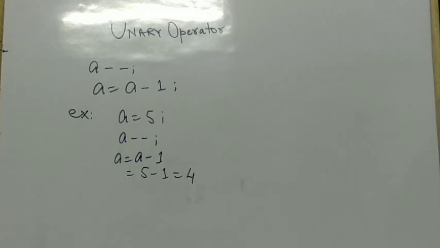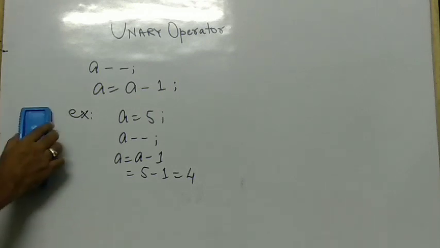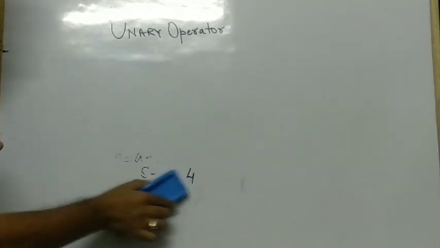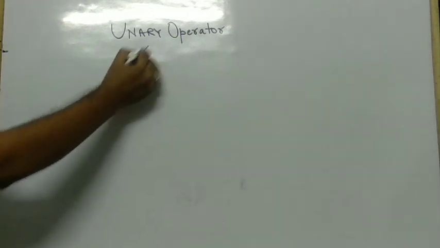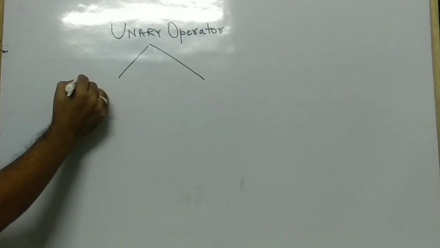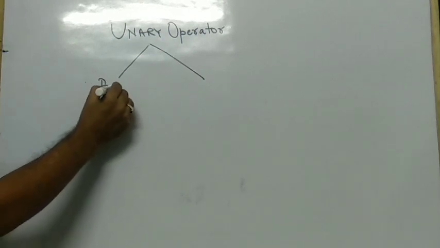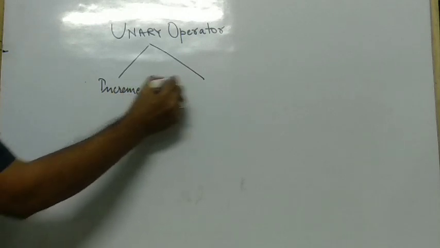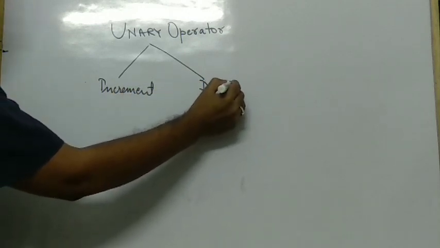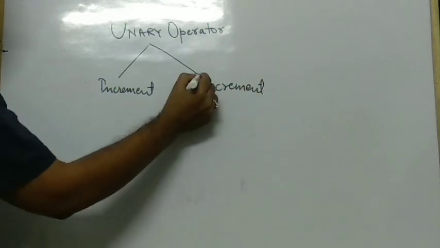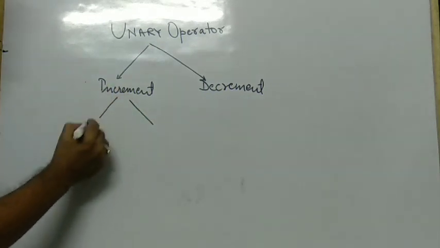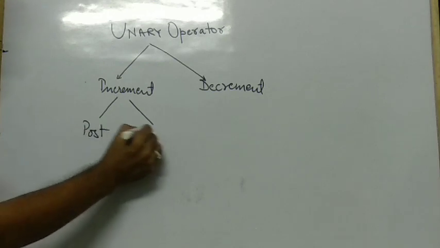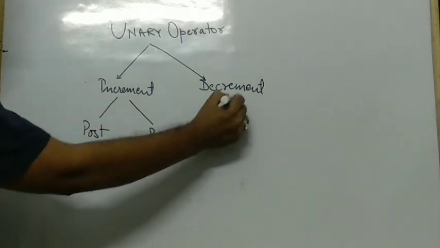Now pre-increment and post-increment. What is the difference between pre-increment and post-increment? This unary operator is divided into two parts, increment and decrement, and these increment and decrement are again divided into post and pre.